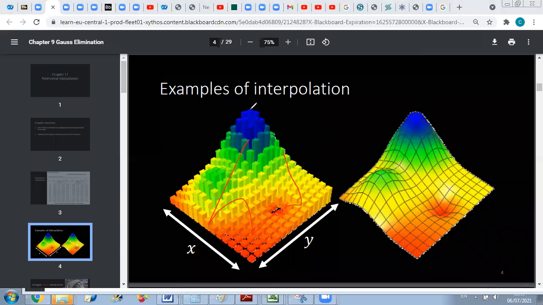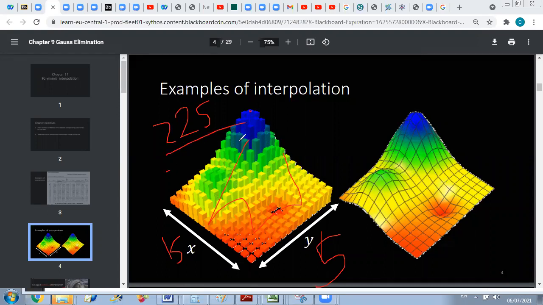If we just have data on several points, here, if we count them, 1, 2, 3, up to 15, you have 15 by 15 points. So in total, you have 225 points. And this number is not enough to have a very exact function.